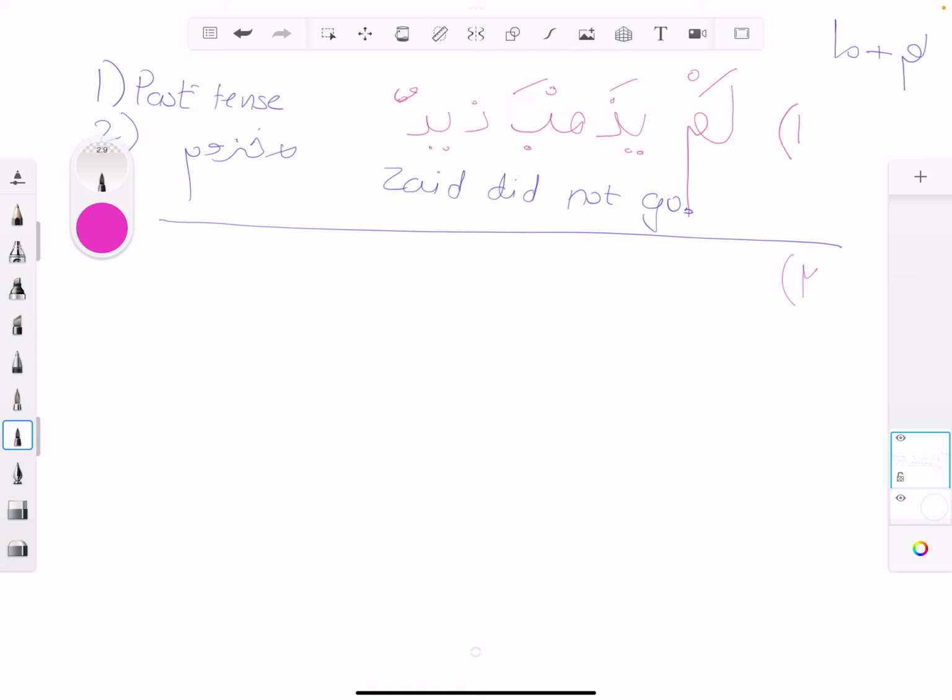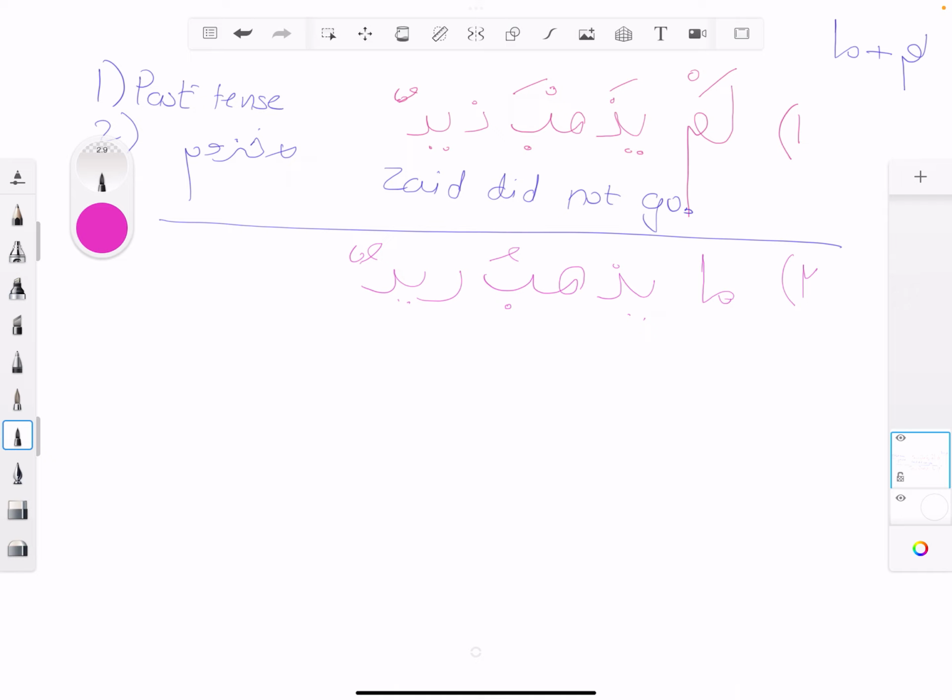Then you have another one, which is your friend Ma again. So you've got Ma again. But this time, Ma is going to come before a Mudari. Ma yadhabu Zaydun. Remember the difference. This is coming before a Mudari.